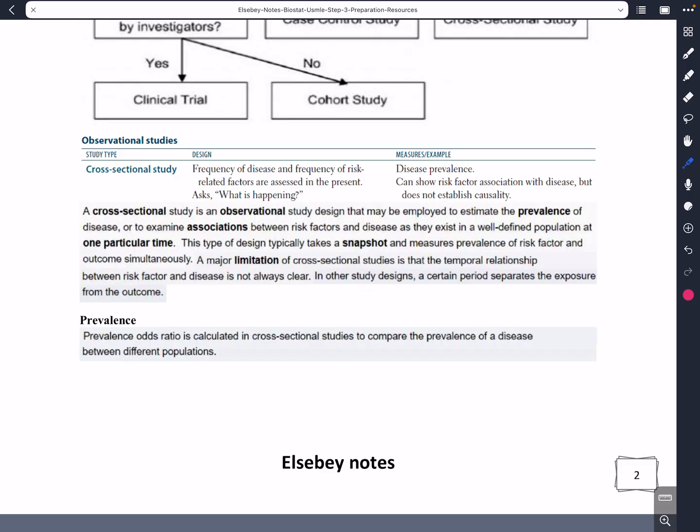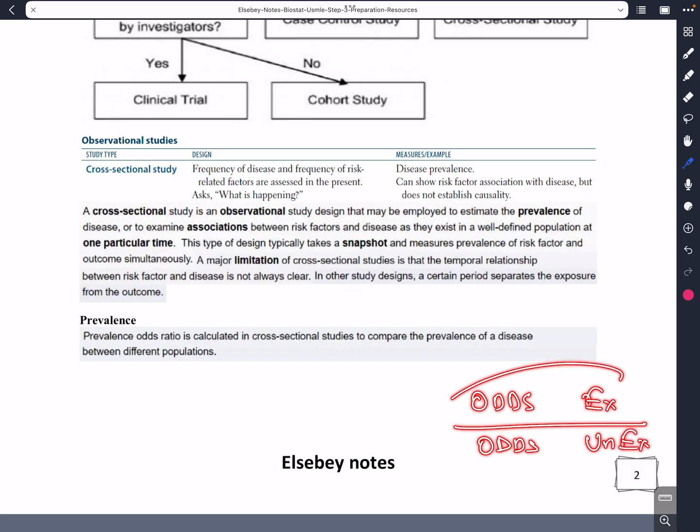So you remember what is odds ratio? Odds of exposure divided by odds of non-exposure. So this is odds ratio.